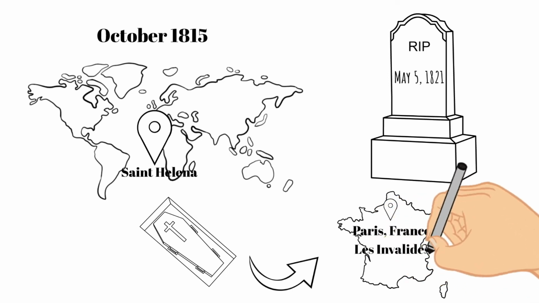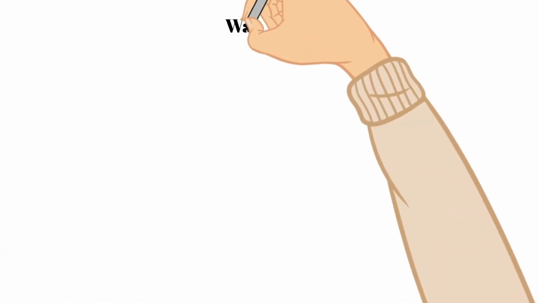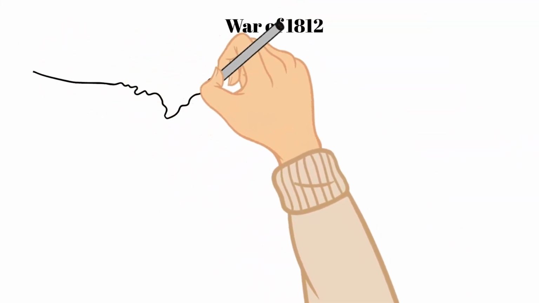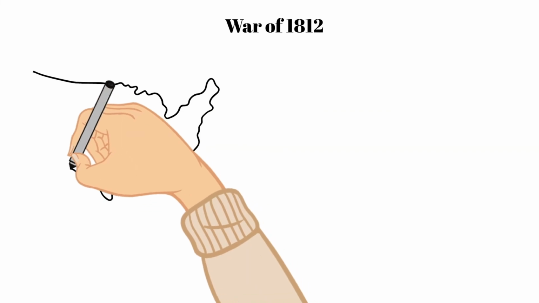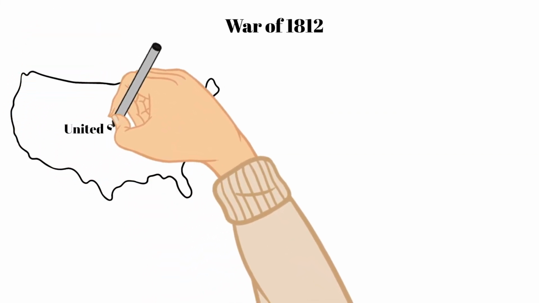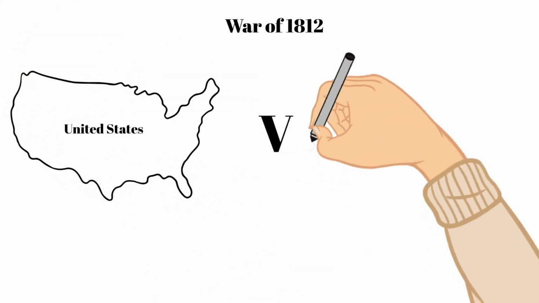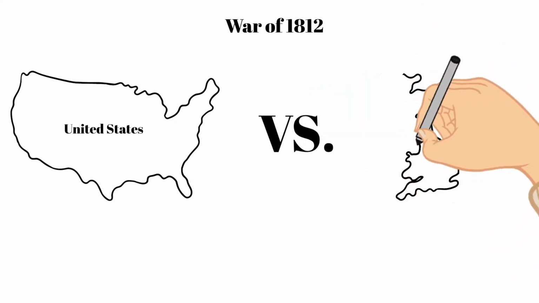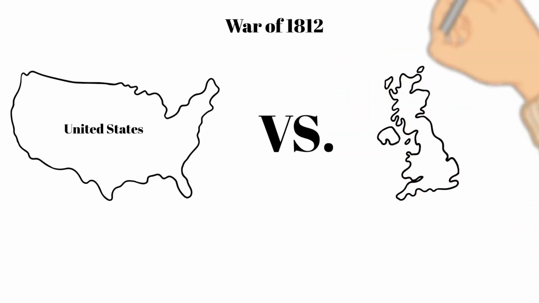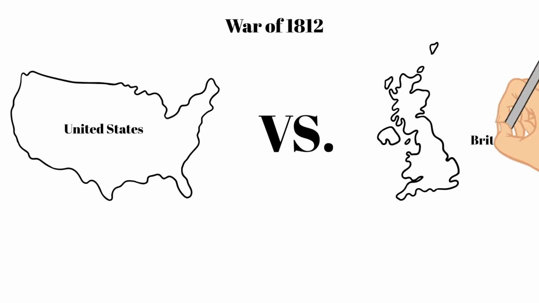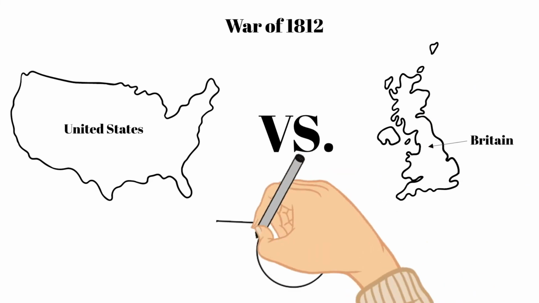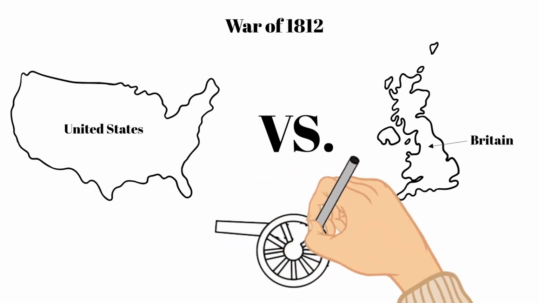At this same time in history, in the United States, the War of 1812 had just happened, where the United States had declared war on Britain and its allies in British North America. Knowing this fact shows us that this was indeed a turbulent time for Britain's history as well as world history.